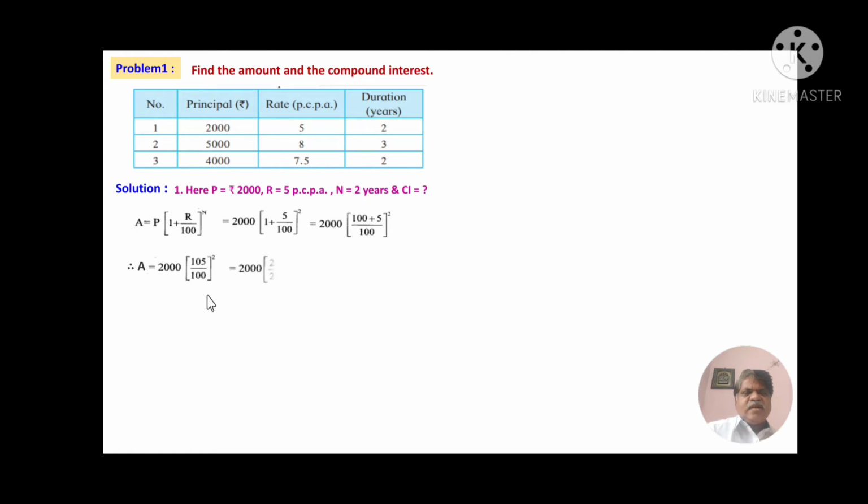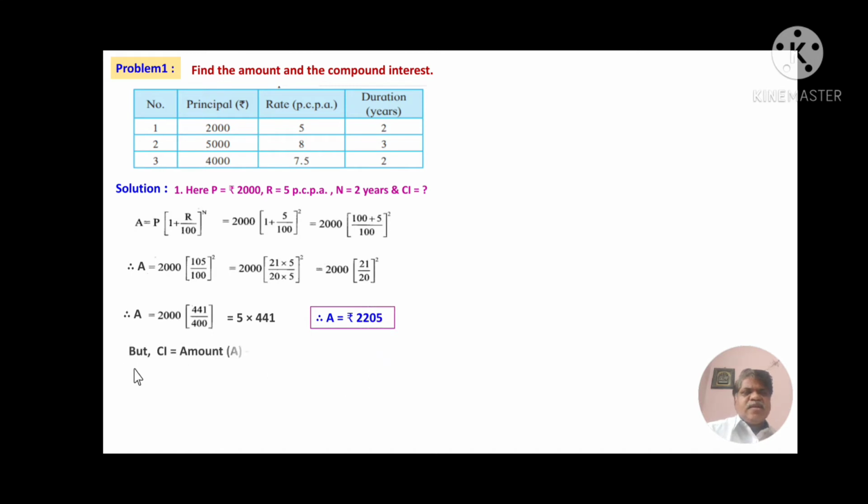This 105 and 100 can be split as 21 into 5 and 20 into 5. The 5 cancels. In the next step we get 2000 into bracket 21 upon 20 raised to 2. So A is equal to 2000 into bracket 441, the square of 21, upon 400, the square of 20. After simplifying, 5 into 441 leads to A is equal to rupees 2205.